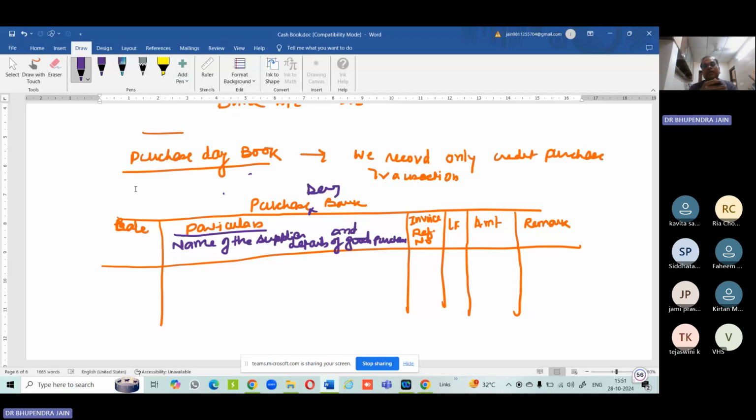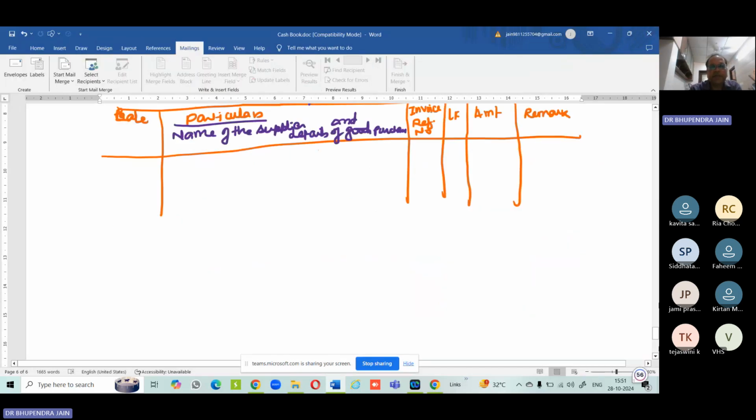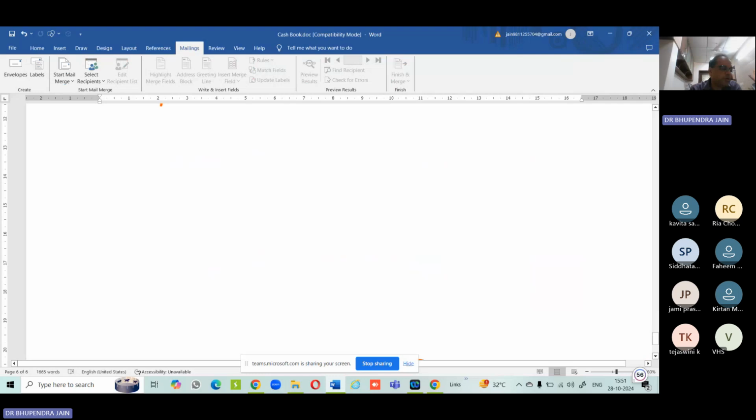Now, how to record the transactions in a purchase day book? I will just write down two or three transactions, and we will prepare the purchase day book. Suppose the question may say: the following transactions are related to purchases, prepare the purchase day book.